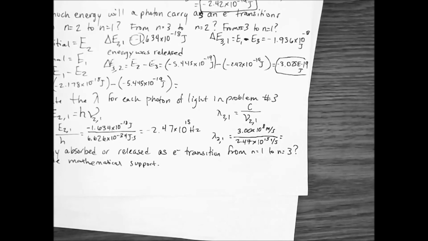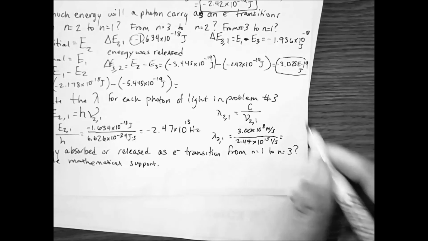You plug that in the calculator: 3.00 E 8th power divided by 2.47 times 10 to the positive 15th power.